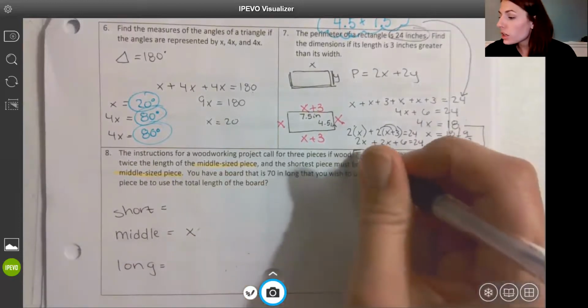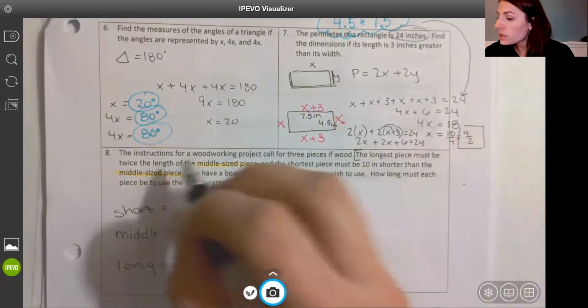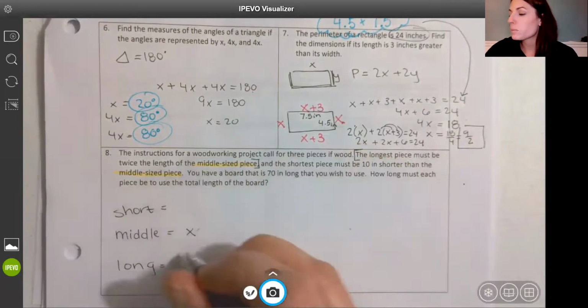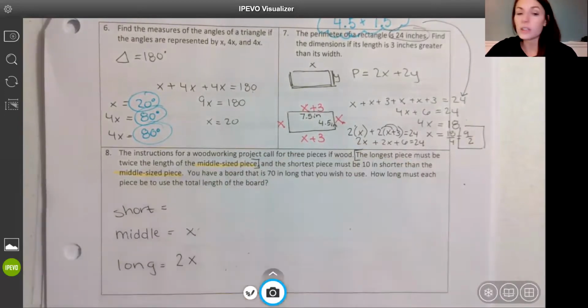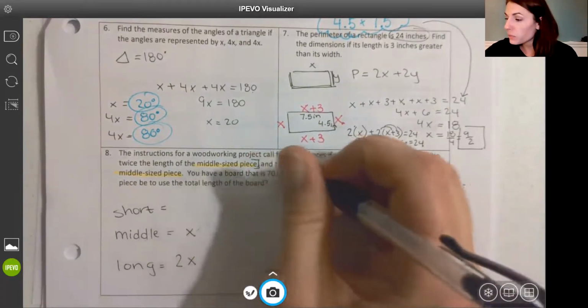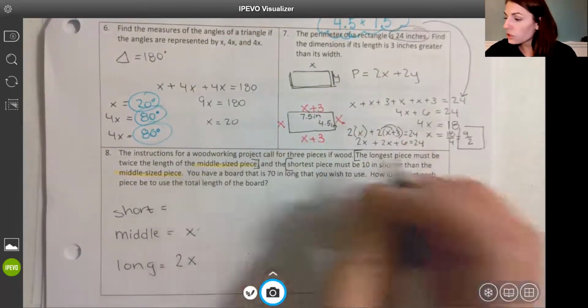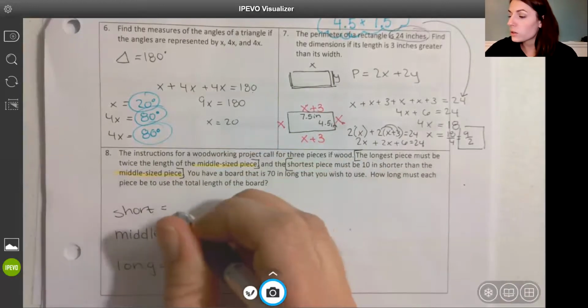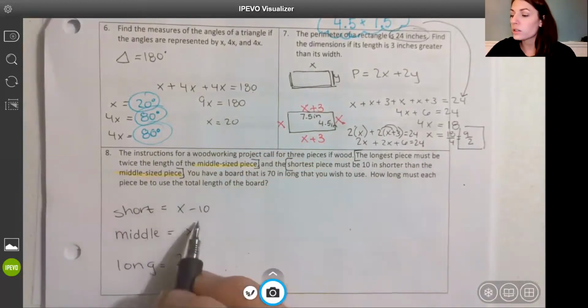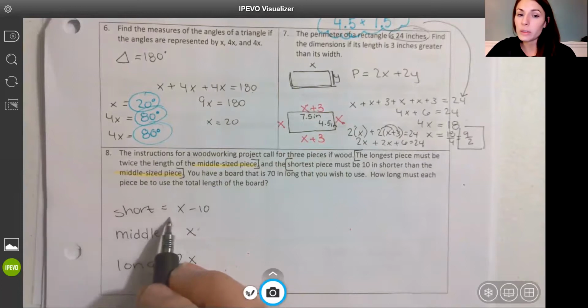The longest piece must be twice the length of the middle-sized piece. The shortest piece must be 10 inches shorter, 10 less than the middle-sized piece.